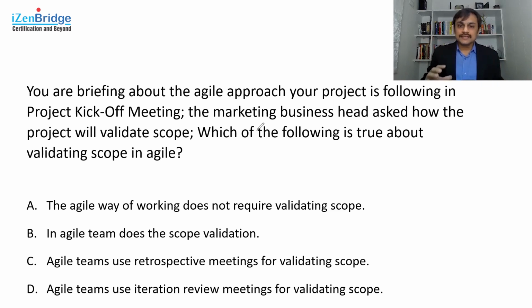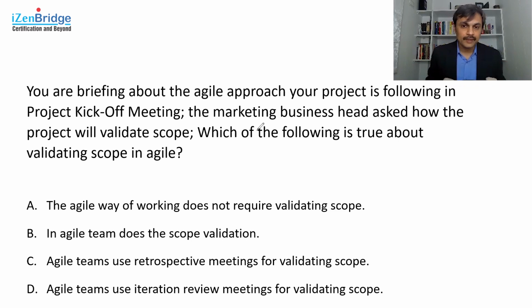So the situation is like this: someone coming from a traditional project management background as a stakeholder is asking you a question in their terminology and expecting you to explain how this thing is done in the agile way of working. So that's the kind of situation this question is putting in front of us. So where do we do the validate scope process, or scope validation, in agile ways of working?